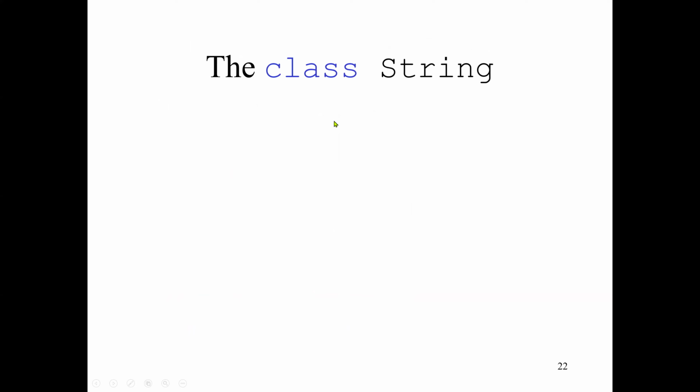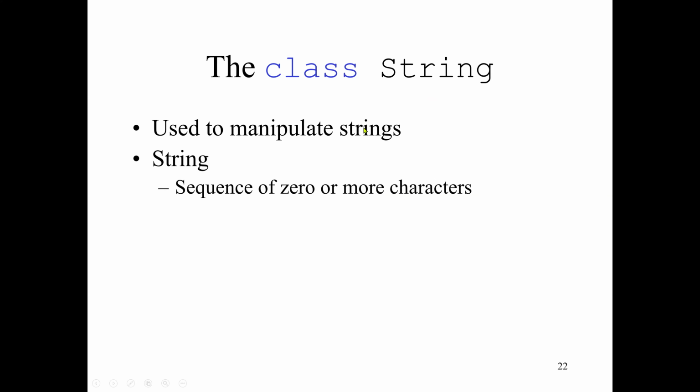So next we talk about the class String. As we said earlier, a string data type is not a primitive. For the string data type, Java has the class String, with predefined methods that come with it. So we can use it to manipulate strings.